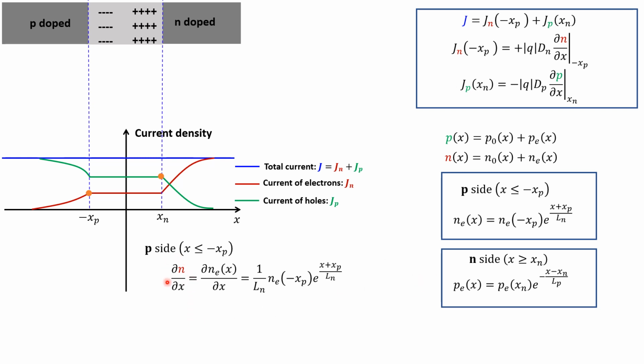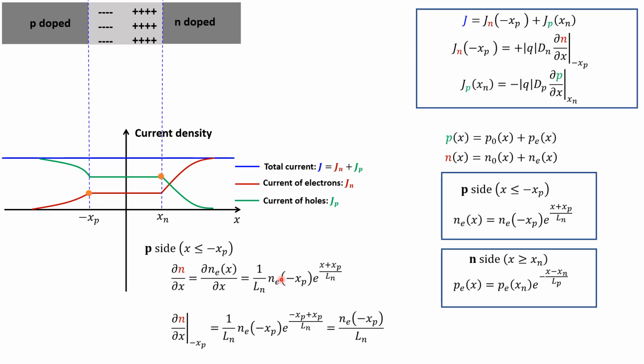Since this derivative reduces to this, all we need to do is take the derivative of this expression. It's very simple. We have the exponential, and the only thing that happens when we take the derivative is that this term will drop. So we have this term because we are taking the derivative of this exponential, and the rest is the same. Now we evaluate this derivative at the point minus xp, because that's exactly what we want to get the current at the point minus xp.